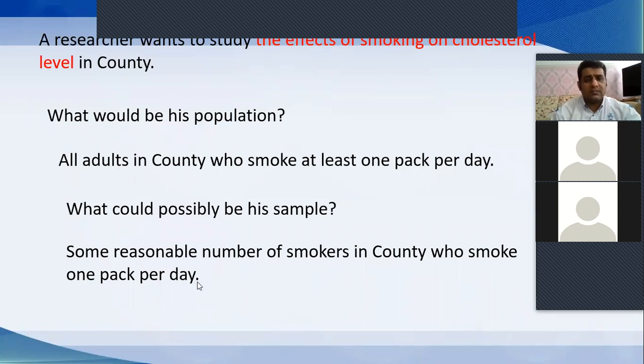If we want to include all the smokers, we cannot include all together, we have to pick some of them, and that is called our sample. Only some people we will include, not everybody. If we consider the smoking effect throughout the country, it is not possible for us to consider everyone. Then we have to take a few of them, and that is considered our sample.